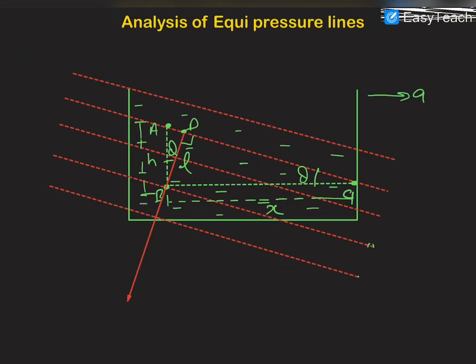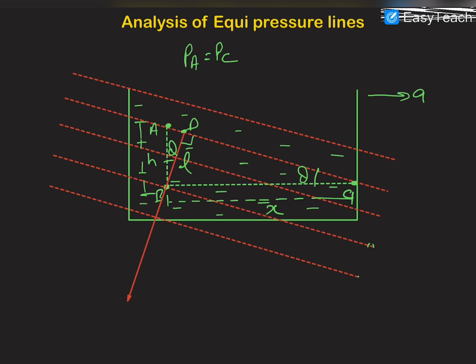Now let us see these equipressure lines, and this is the liquid which is accelerated in the forward direction. On this equipressure line there are 2 points A and C, and this is B, which is on another equipressure line. So the pressure at A will be equal to the pressure at C, because they are lying on the same equipressure line.